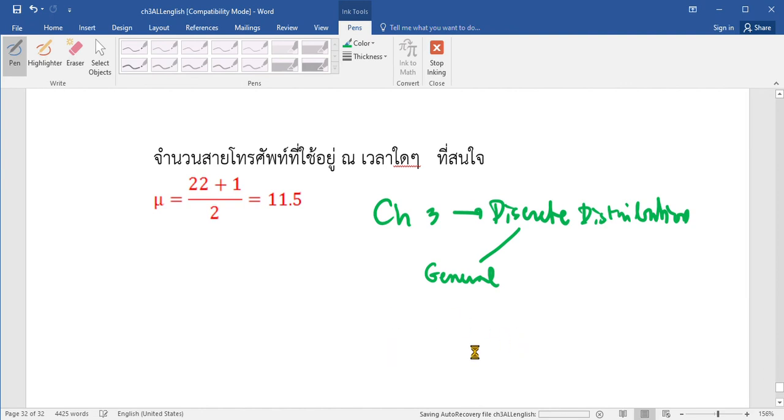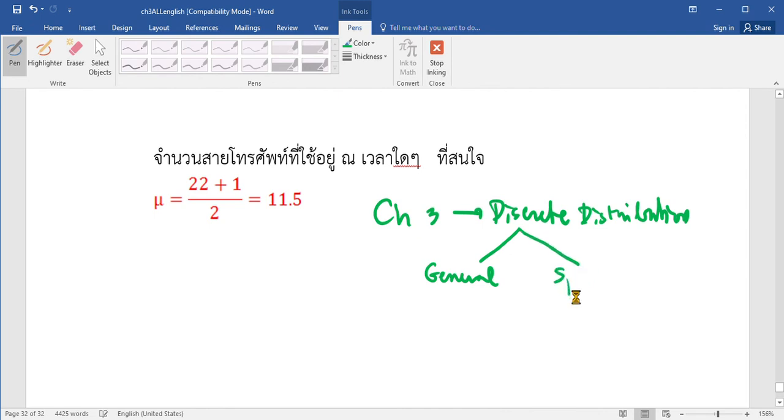We discussed the binomial distribution, hypergeometric distribution, multinomial, Poisson, uniform, negative binomial, and geometric distribution. There were a lot of things that we learned on this subject.